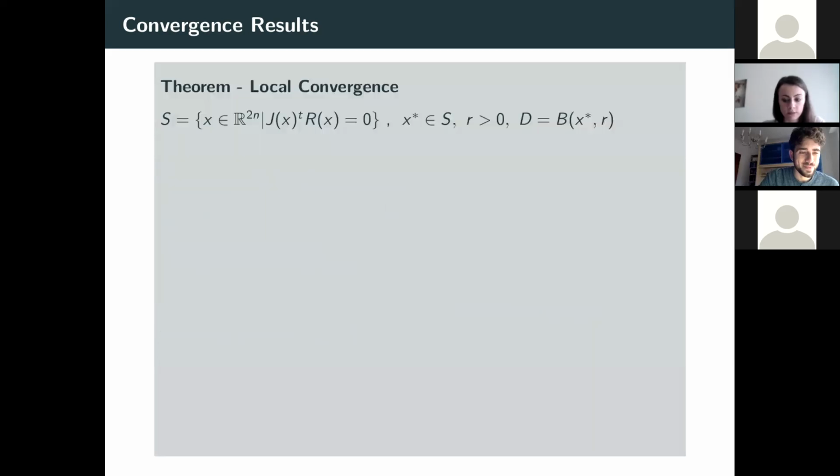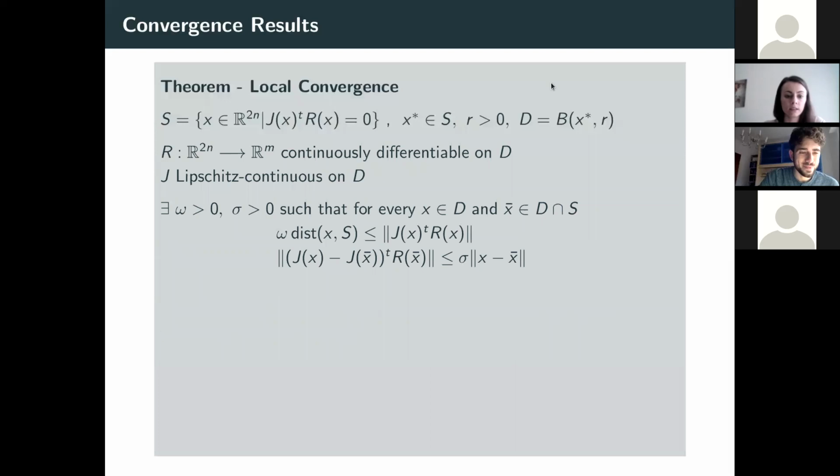And then for local convergence, well, we are in the same framework as before, so we fix a stationary point, and we still have the same regularity assumptions. And then, well, we do not want to assume that our Jacobian is non-singular, so we take the error-bound condition instead.